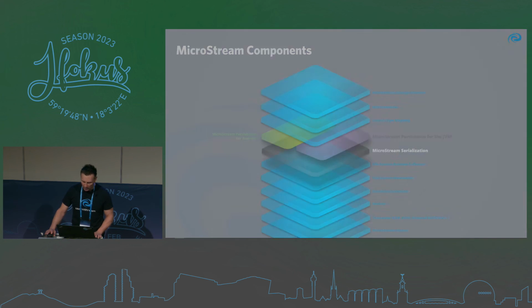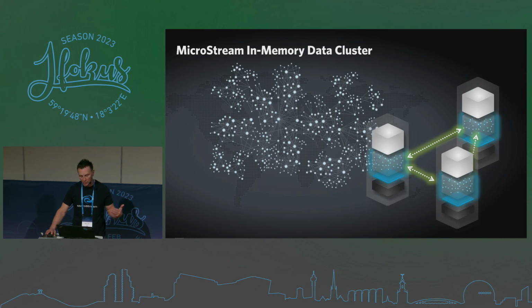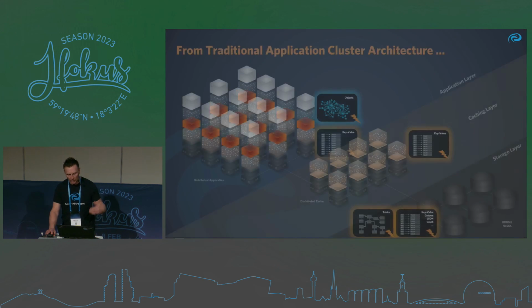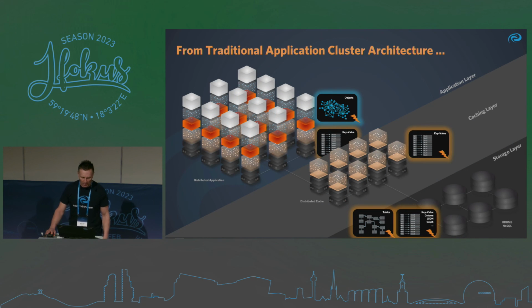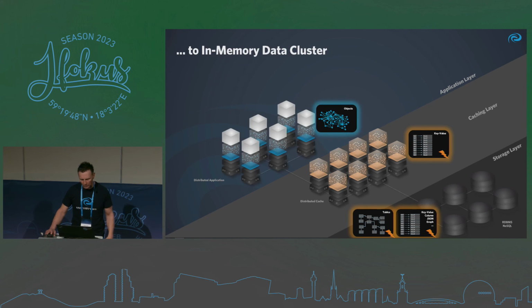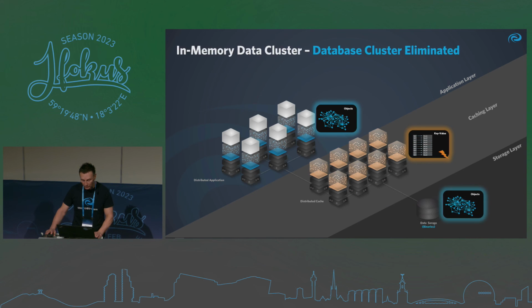On top of that, we provide MicroStream Cluster, because MicroStream as it is today only runs on a single JVM, but most companies want to build distributed applications. Now with MicroStream Cluster you can replace traditional application nodes or microservice nodes with MicroStream nodes.